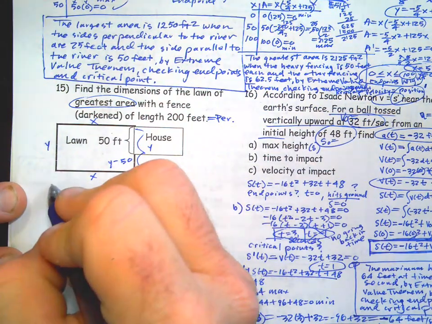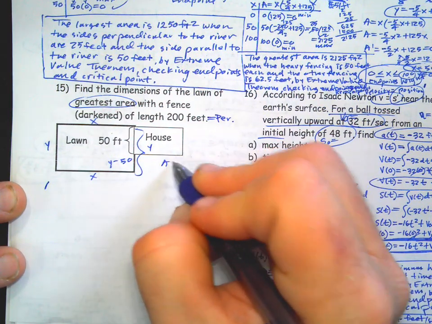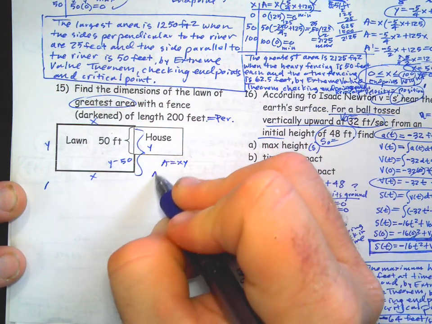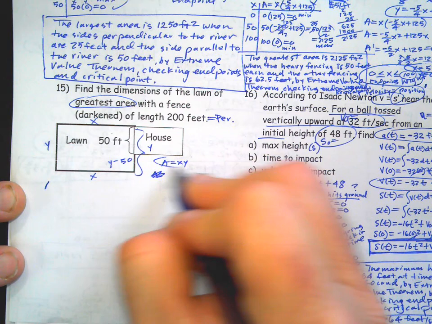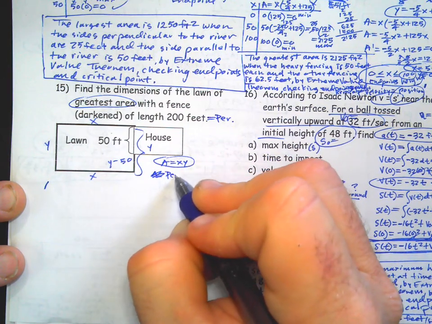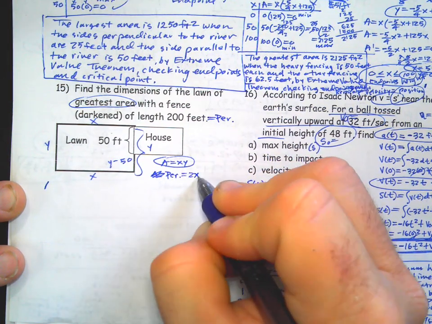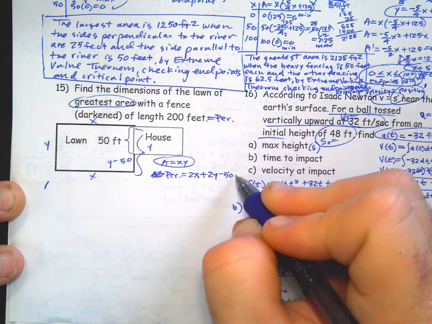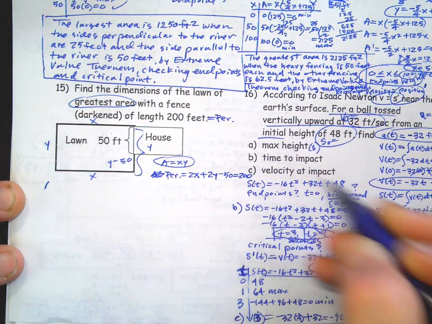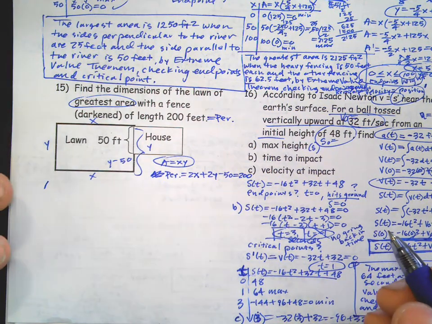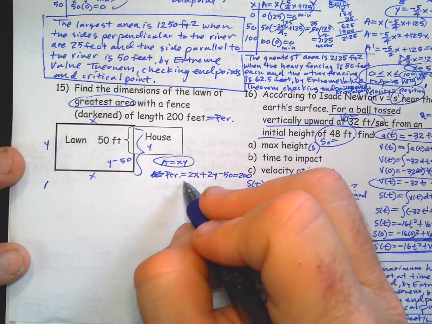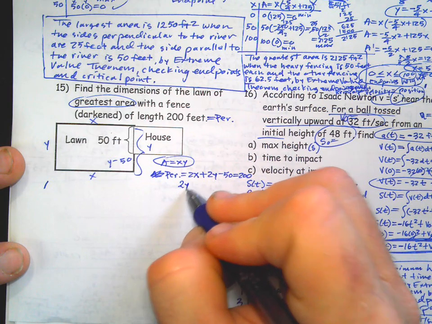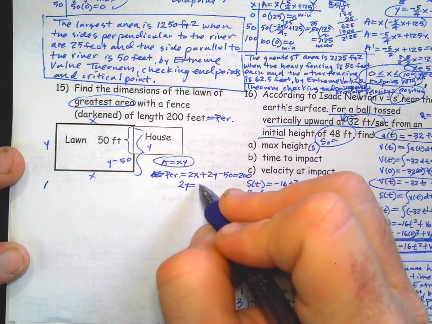So the area is XY, and then we need to use the perimeter to help us. The perimeter is going to be 2X plus 2Y minus 50 if you add up all the fencing, and it needs to add up to 200. So then we can solve for Y in terms of X or X in terms of Y. So I'm going to go with just getting Y in terms of X, not because I have to.